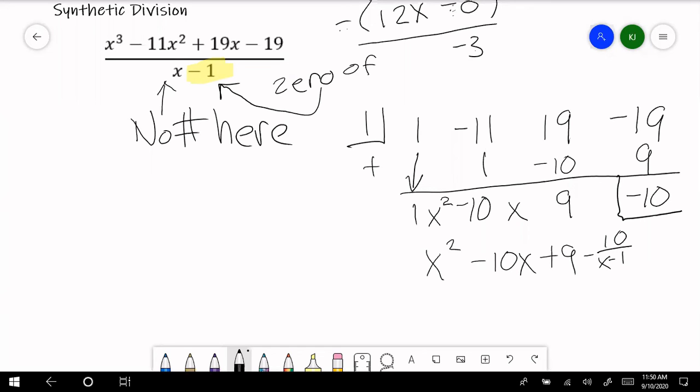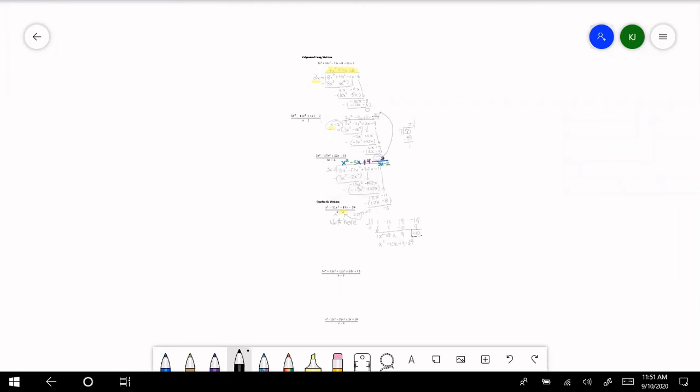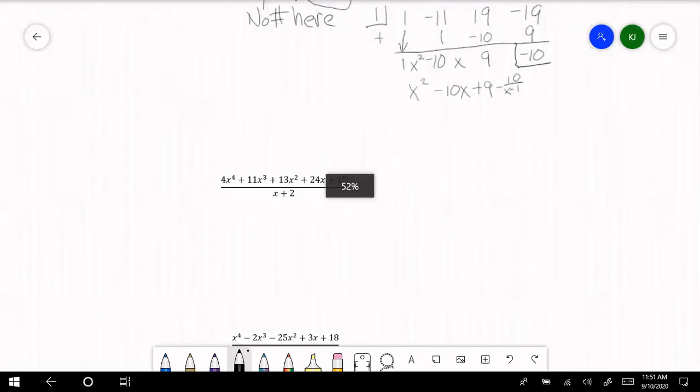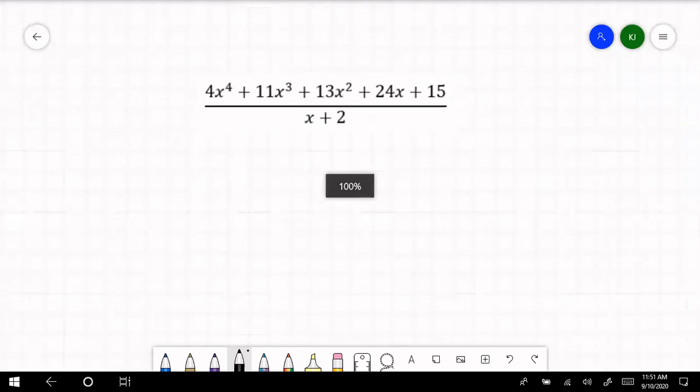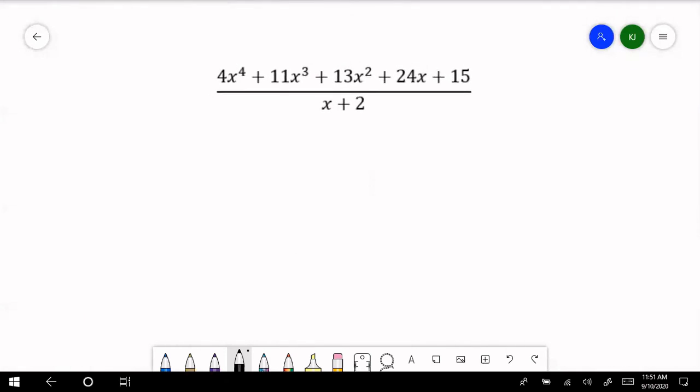Let's do another one. You'll see how this becomes much faster. So, first things first, write down the numbers. 4, 11, 13, 24, 15.